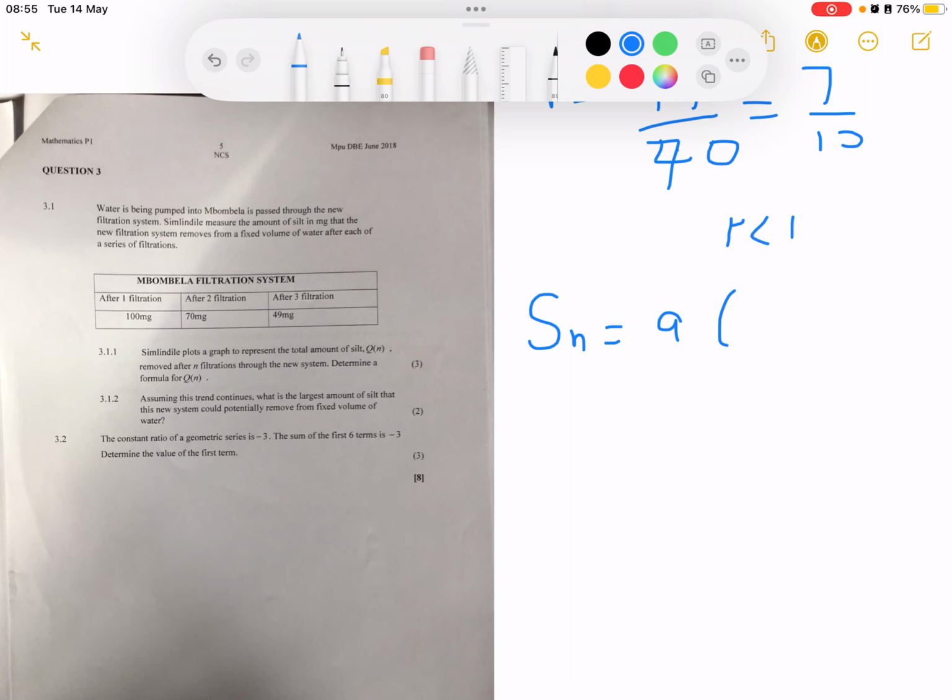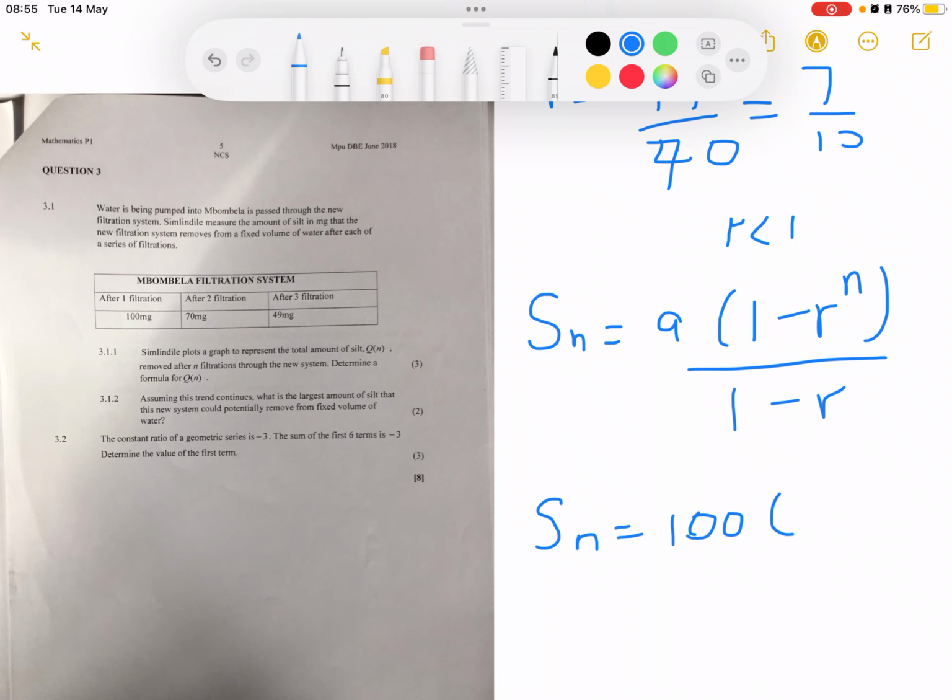So when r is less than 1, we use this formula, a times 1 minus r to the power of n, all over 1 minus r. Now, Sn is equal to, our a value is 100, into 1 minus, now r value is 7 over 10, raised to the power of n, close bracket, all over 1 minus 7 over 10.